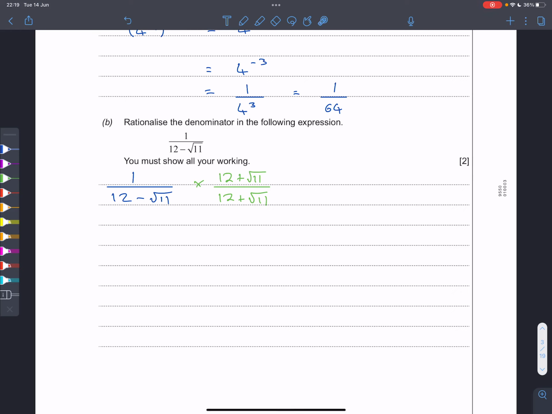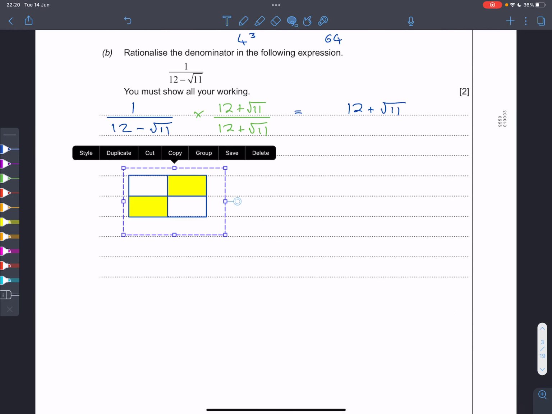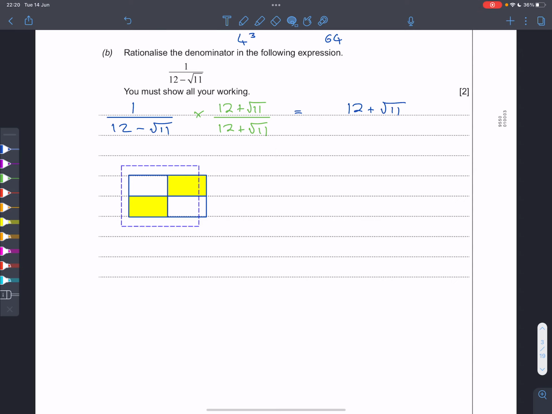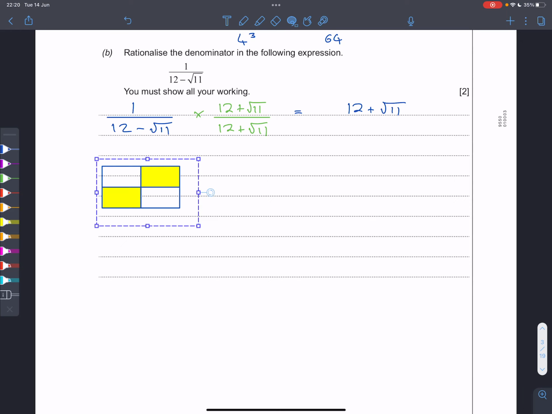Now, usually I'd be working out that multiplication on the top. But the denominator is going to be a 2-term by 2-term expansion, so I'm going to do this in a grid.